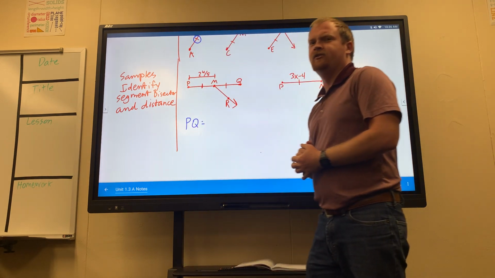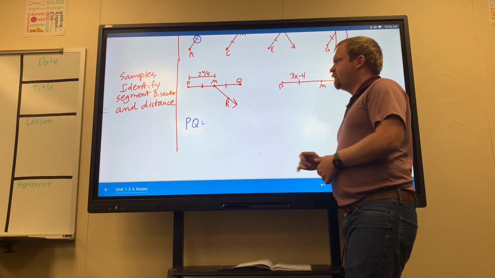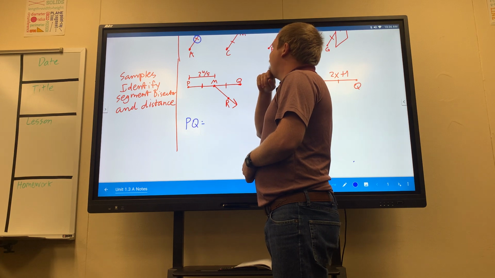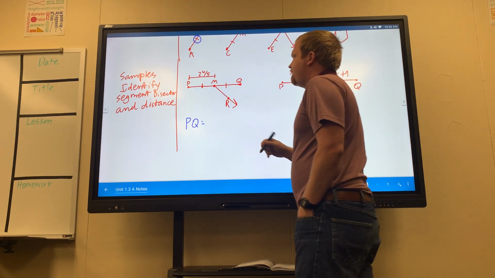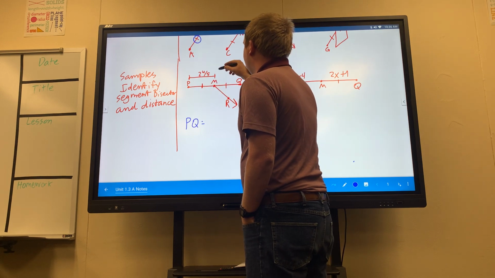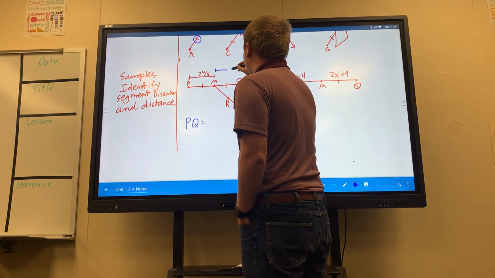I want to find that distance. Well, first off, I know that PM is 2 4/5. So, if I know that these two are the same, then I know that MQ is 2 4/5.